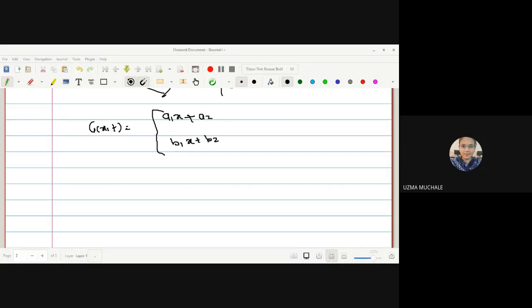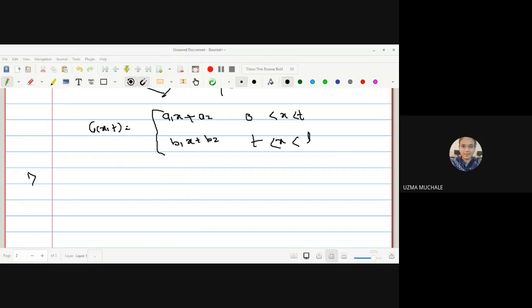So this is what in the interval 0 to t and t to l. Okay, so now we have written here the g of xt. Now what is the next consideration? G of xt must have a continuity at x equal to t.